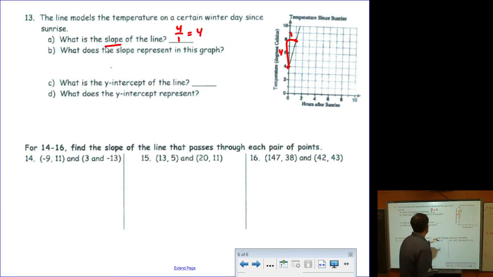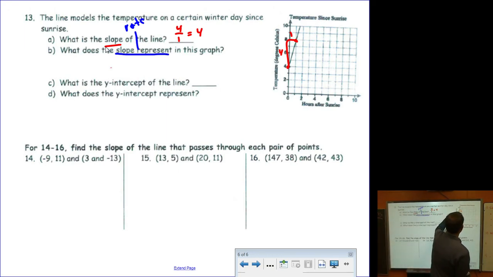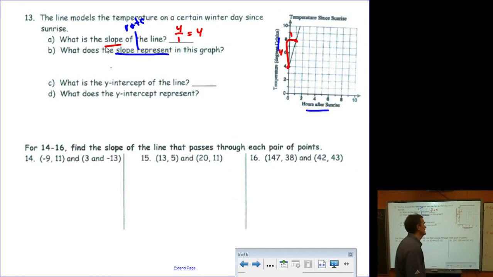And what does the slope represent? Well, of course, we know that the slope represents the rate. So let's see, what is the rate here? It is degrees Celsius and hours after sunrise.